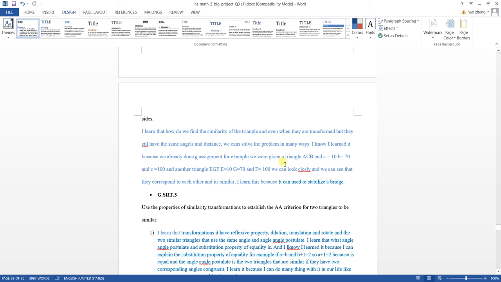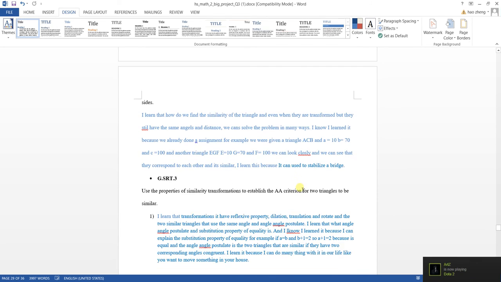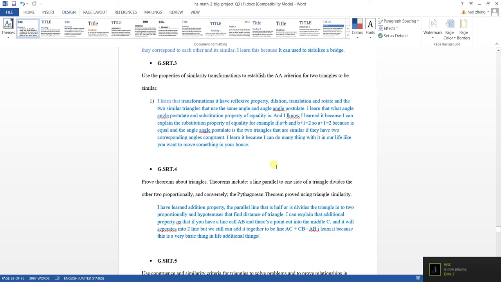For example, we're given a triangle ACB, and A equals 10, B equals 70, and C equals 100. Another triangle is EGF. E equals 10, G is 70, and F is 100. We can look closely and see that they correspond to each other and it's similar to this. I learned this because this can be used to stabilize a bridge in the future.